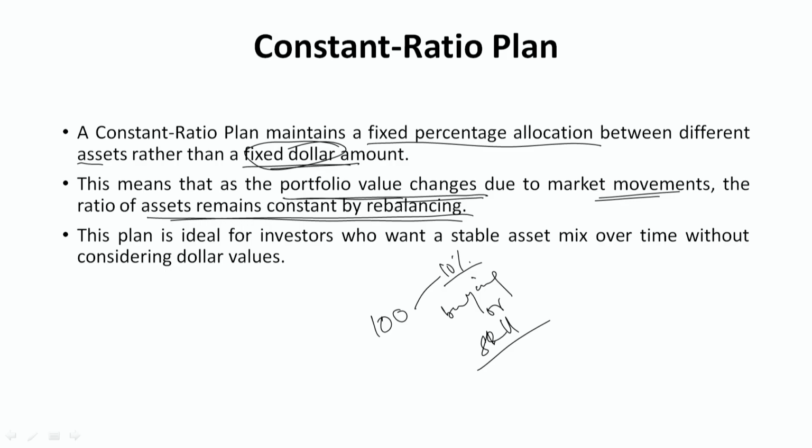If I am doing that, it is understood to be a constant ratio plan. This is almost similar to a constant dollar plan, where we consider it based on value. Dollar is nothing but the value or currency under which we are going to invest. And this type of investment, constant ratio investment, is good for investors who want a stable return on the assets in which they have invested.